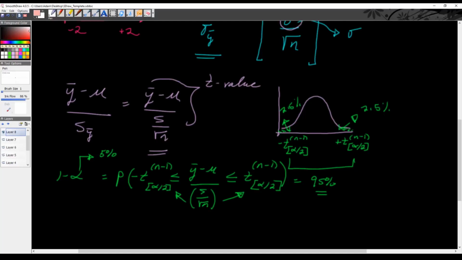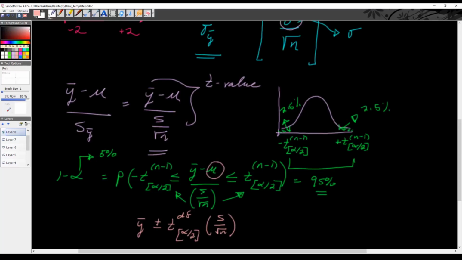But long story short, the confidence interval is solved for as y bar plus or minus the critical t given a particular level of confidence and degrees of freedom, and we're going to do some examples in just a second, all multiplied by s divided by root n. And that gives us the confidence interval for mu.